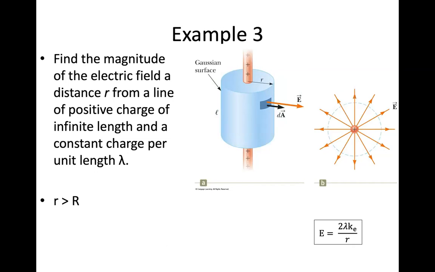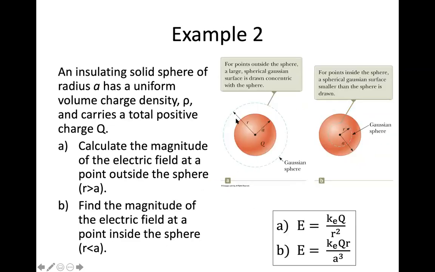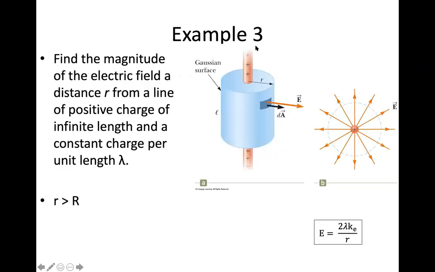So we'll come back and do some more examples of different distributions. We've done a sphere. What is the electric field outside? What is the electric field inside? Next, we're going to do a cylinder, like a line of charge. If I enclose it in a cylinder, I see that all my vectors line up. If I choose a different distribution, not quite going to work.